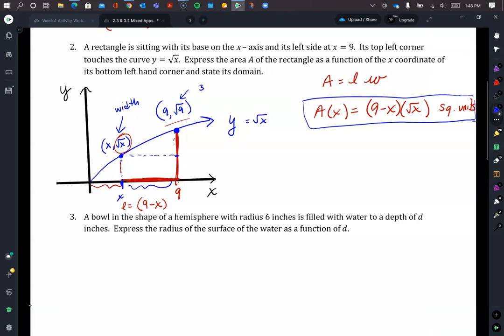The next part is just find your domain. And so again, think what would be reasonable. Well, anything above 0. Including the 0 probably wouldn't work. It would just be a straight line, right? It wouldn't be a rectangle.